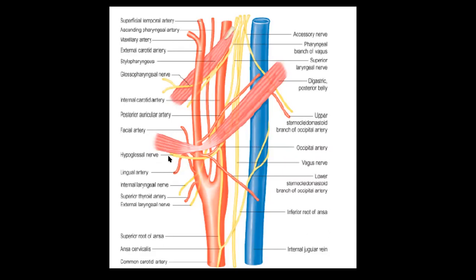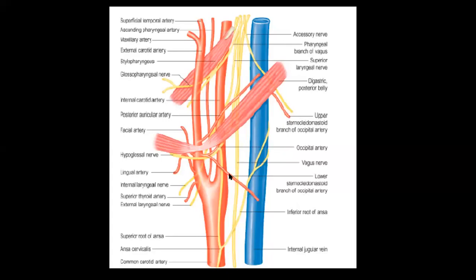Only look at what diagrams I am showing. You can draw the common carotid artery, carotid sinus, external carotid, internal carotid. The branches of the external carotid you are seeing: superior thyroid artery, lingual artery, facial artery, ascending pharyngeal. Then we have the occipital artery and posterior auricular artery.